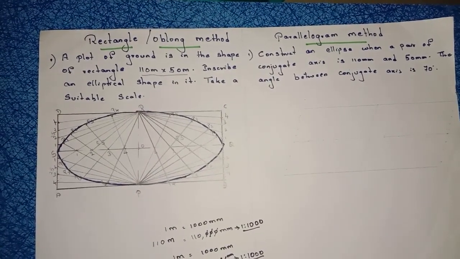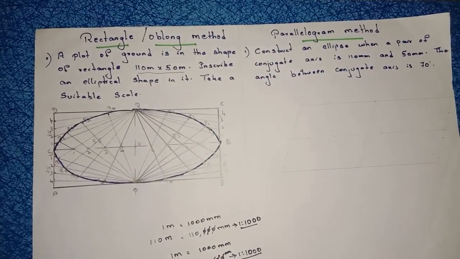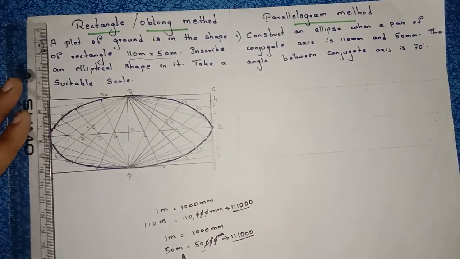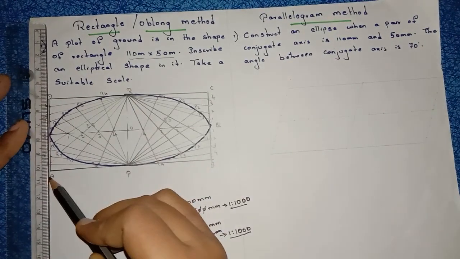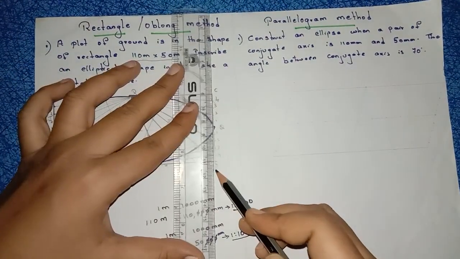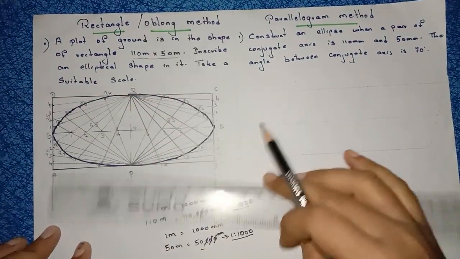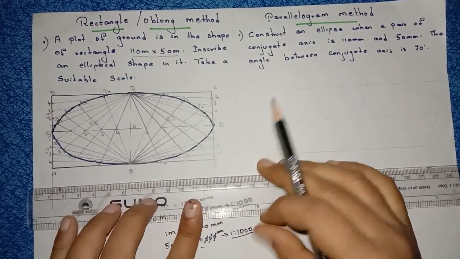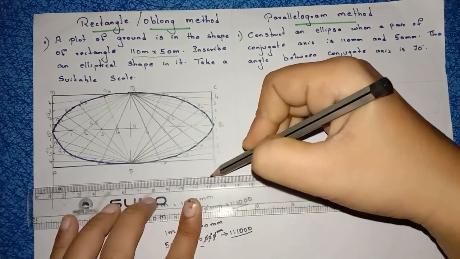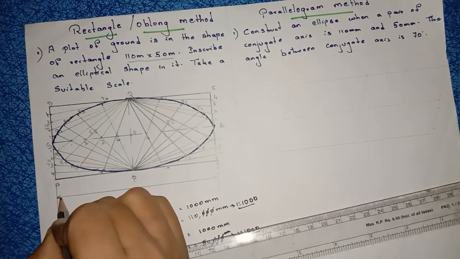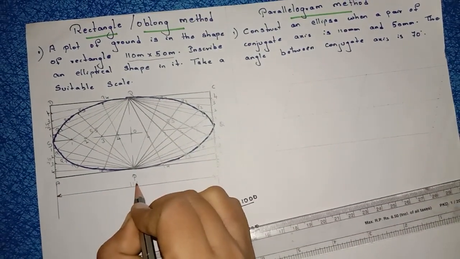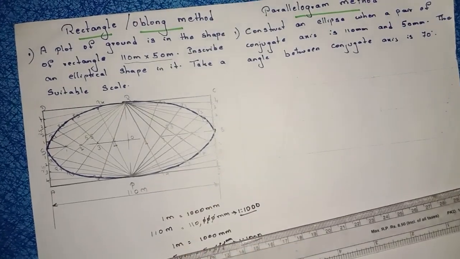Now after construction you have to mark dimensions properly, no? Now in the question what they mentioned, 110 meters. So draw the extension line, right? Draw the dimension line, closed and filled arrow marks, write down here 110 meters, right?